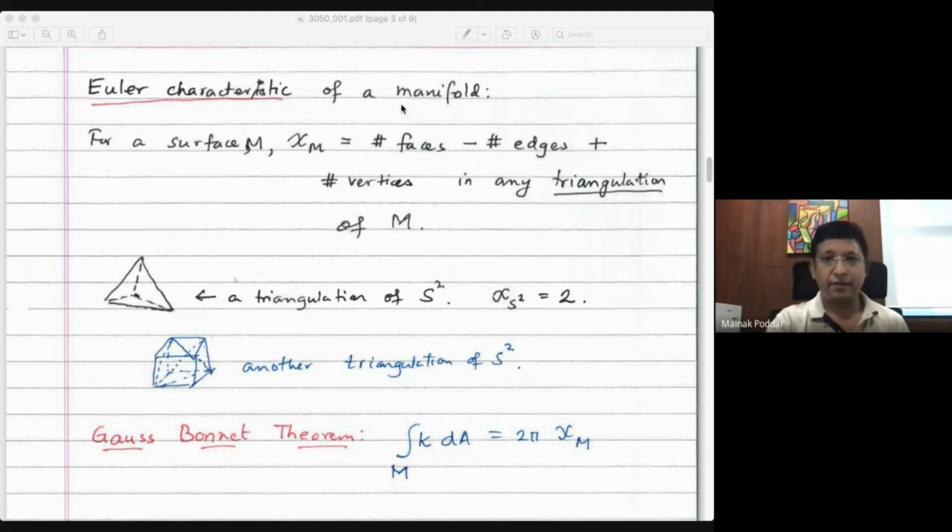The Euler characteristic does not change. And actually, if you have a bicontinuous bijection, that is, a continuous map with an inverse which is also continuous, between two topological manifolds, then the Euler characteristic does not change.